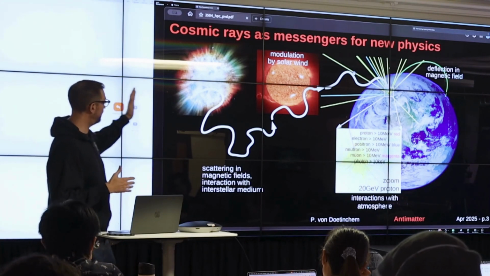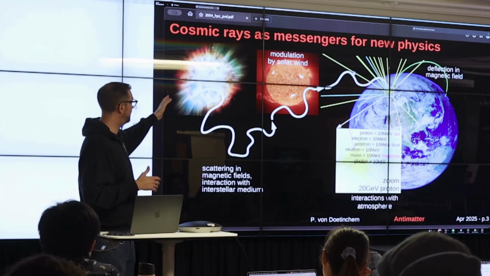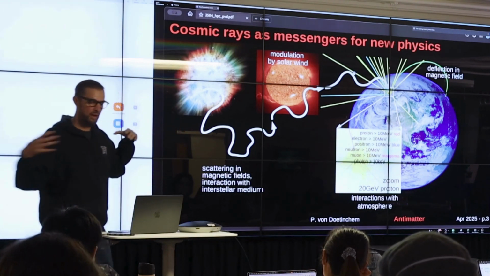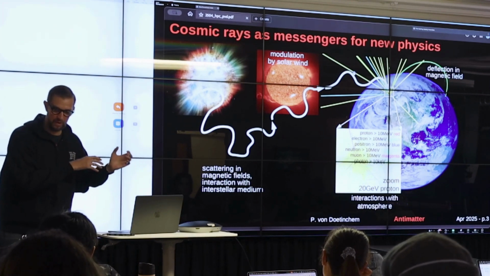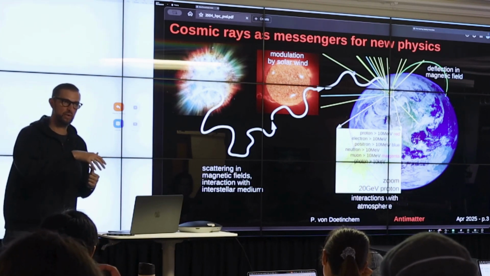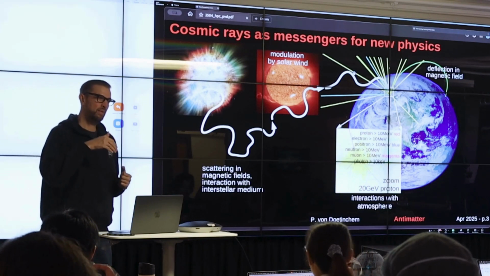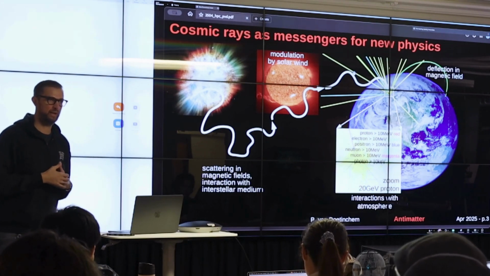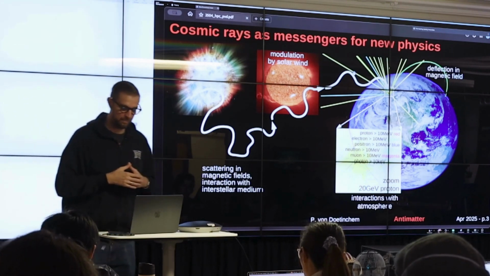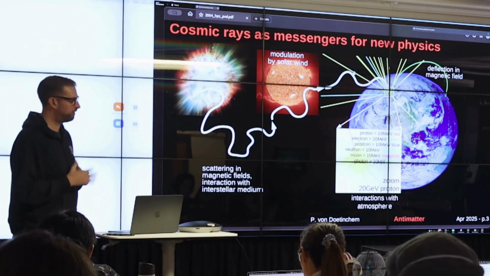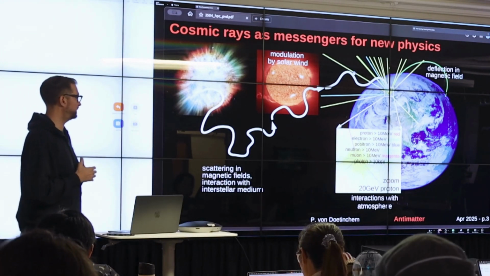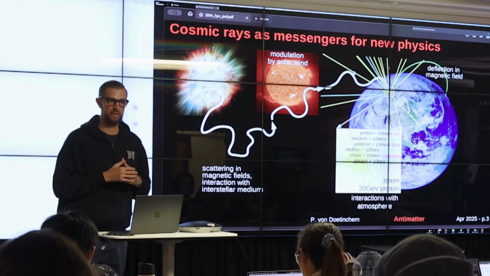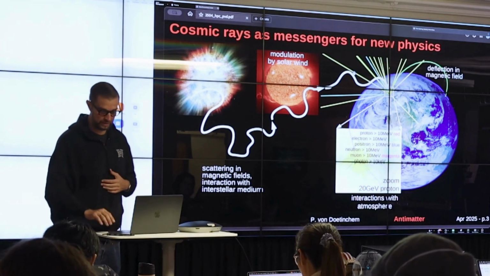You follow cosmic rays from their origin source on their trajectories through our galaxy, into our solar system, into our atmosphere until they meet, for example, a detector at balloon altitudes, which is about 4 times airplane altitudes, or in space, at satellite altitudes of a couple hundred kilometers.